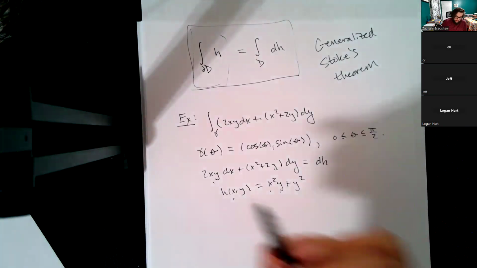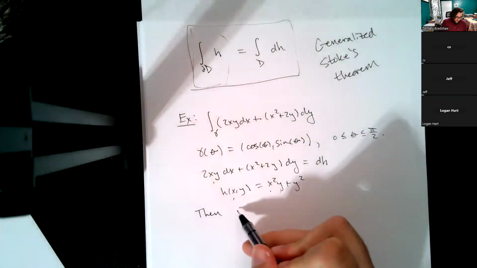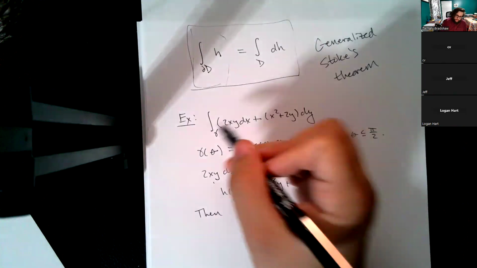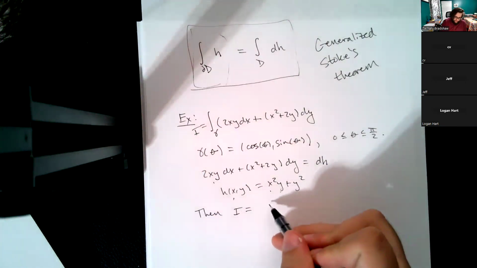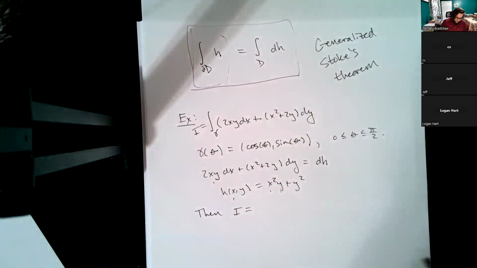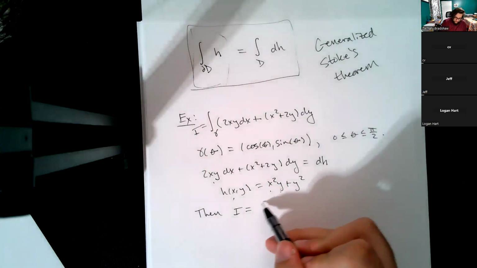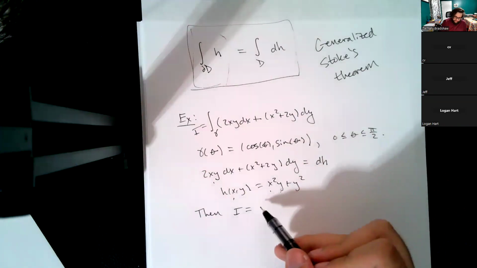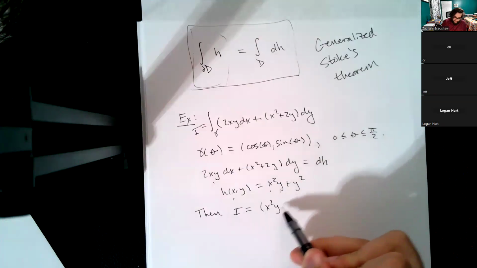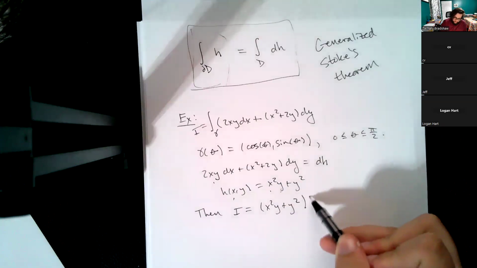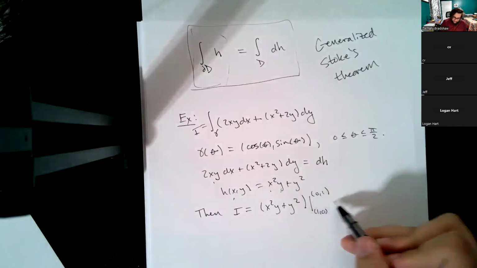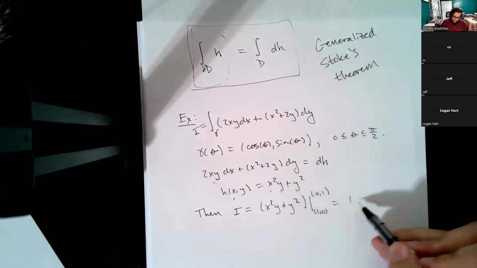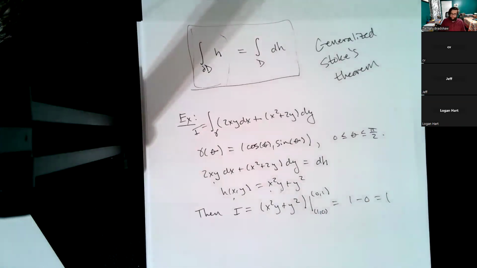Okay, so that checks out. Well, then the previous theorem tells us that this integral, let me call it I so I don't have to write it again, I is equal to the function h evaluated at the endpoints. Right? So this is x squared y plus y squared evaluated from (1, 0) to (0, 1). So we plug these in, we get 1 minus 0, which is 1.